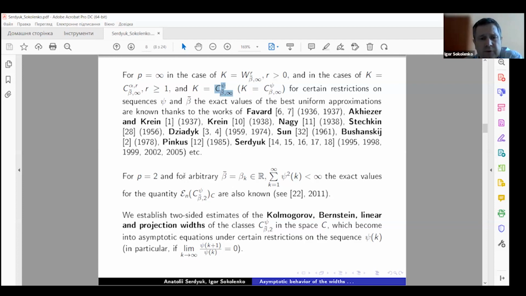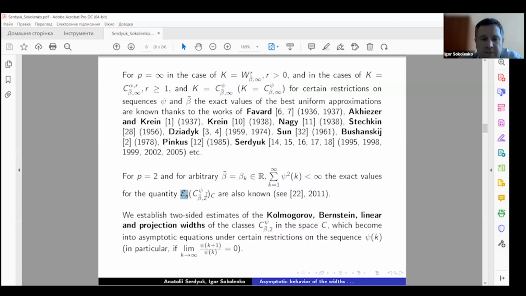For p equal to 2 and arbitrary beta, under this condition, the exact values for the quantity E_n(C^psi_{beta,2})_C are also known.